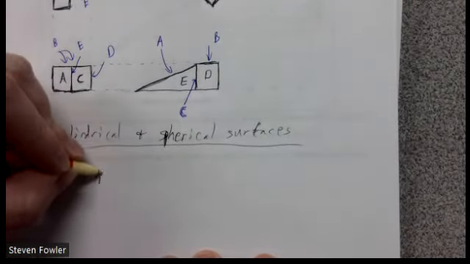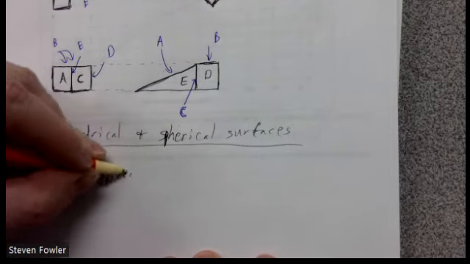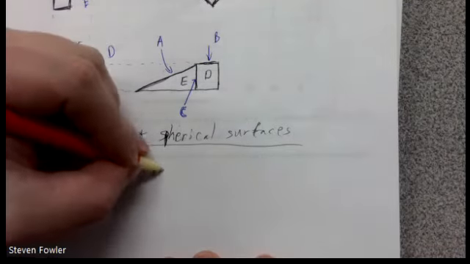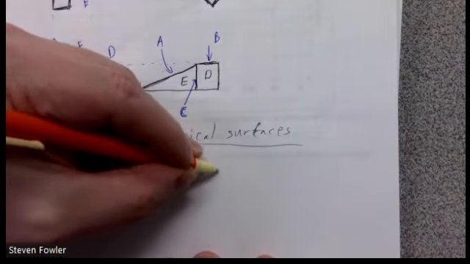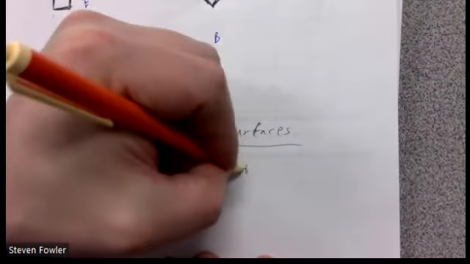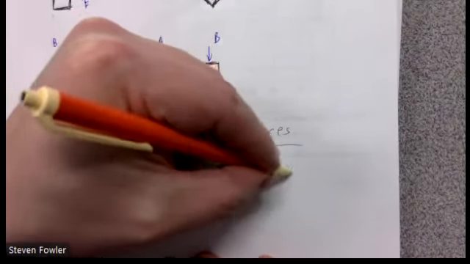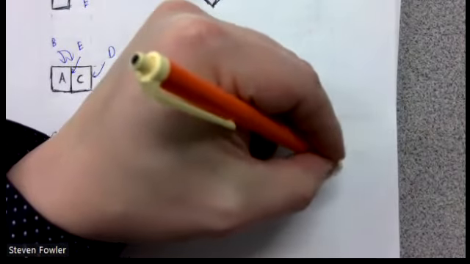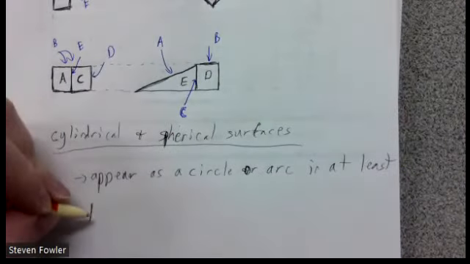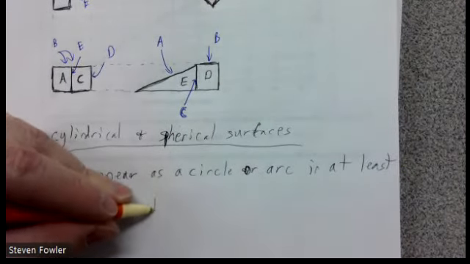Simply put, these are going to appear as a circle or arc in at least one projection.